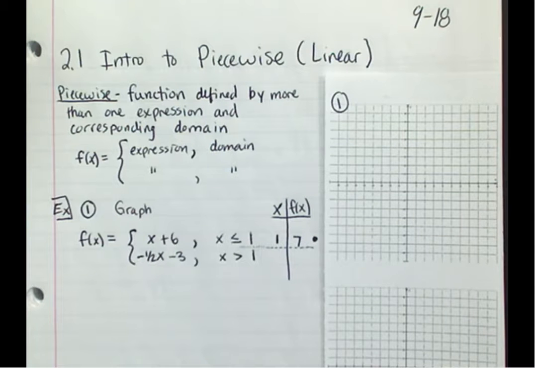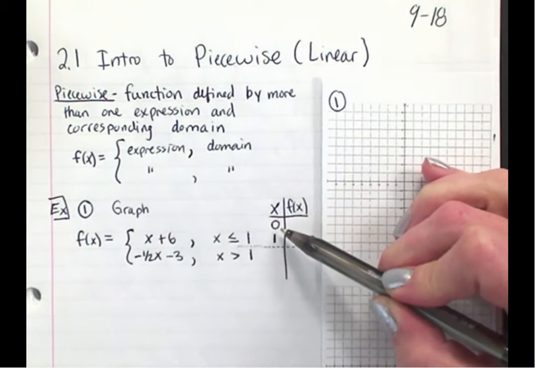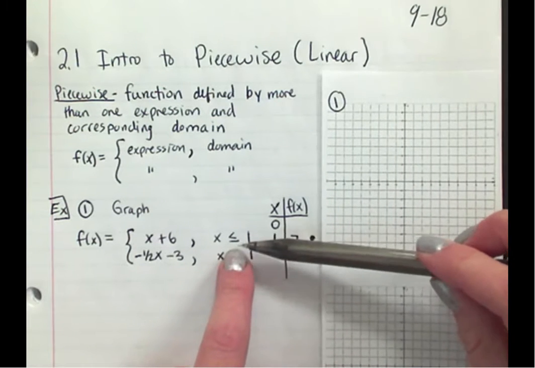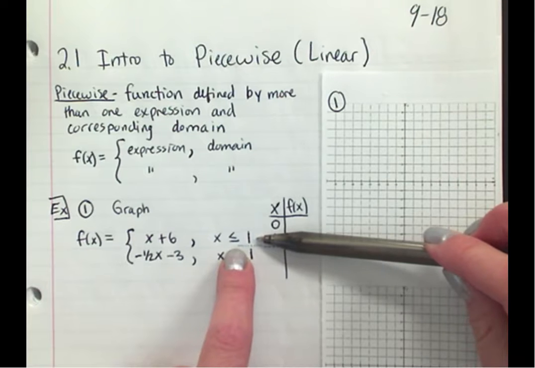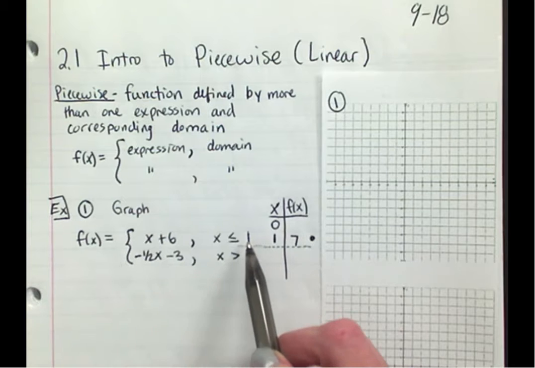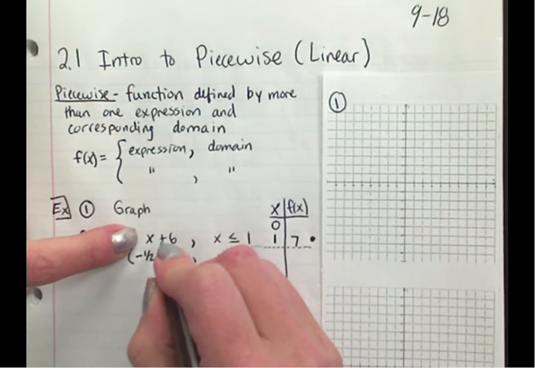I'm just going to put a little closed dot next to that point. Now, how do you graph a line? Point, slope, 2 points. It's kind of up to you. I'm going to just plot a second point. I'm going to plug in 0. Notice that I put 0 above the dotted line. That's because 0 is included in the top row domain. 0 is less than or equal to 1. It's included, so that's where I'm going to find the corresponding y-coordinate. 0 plus 6.